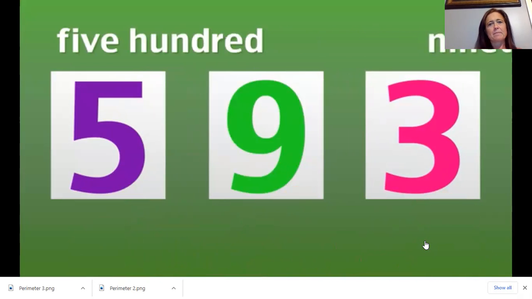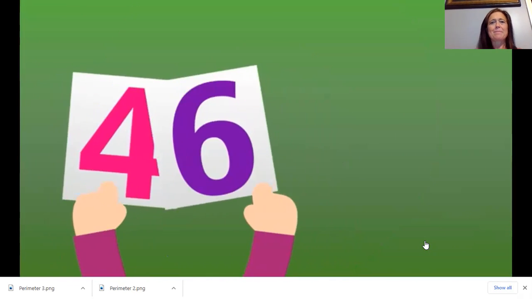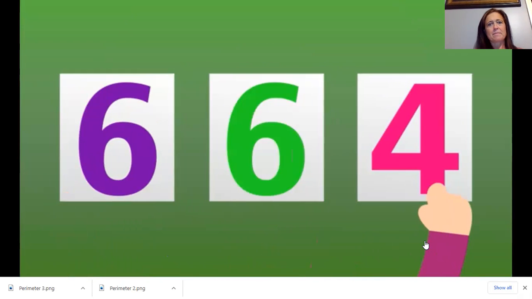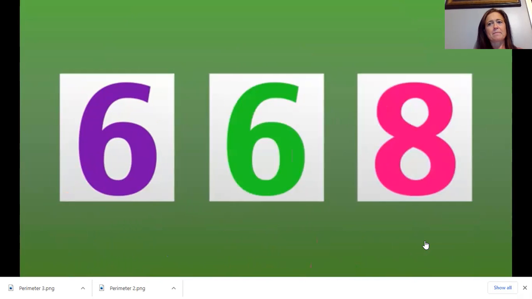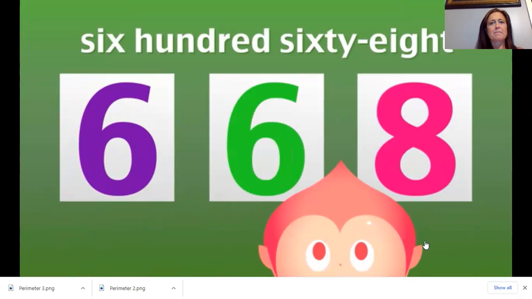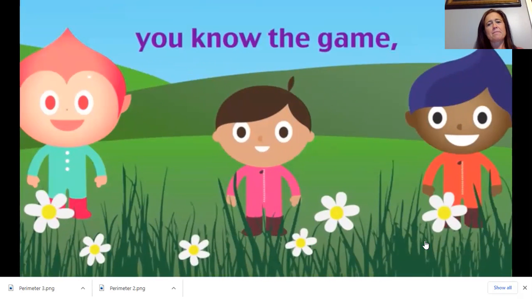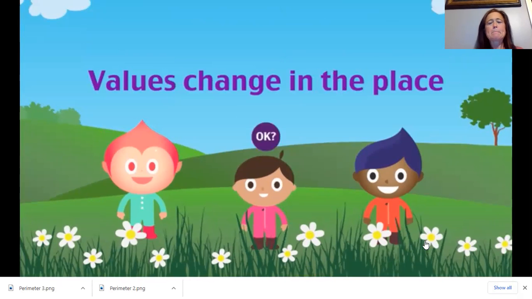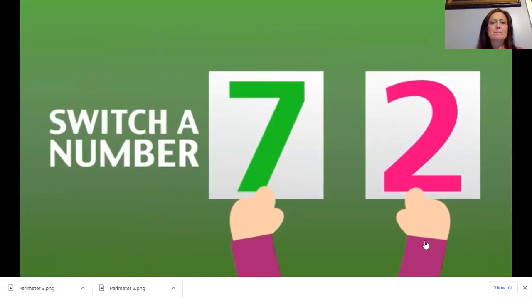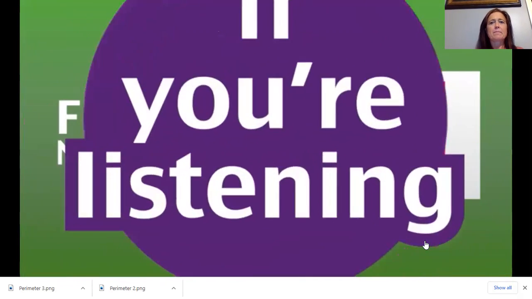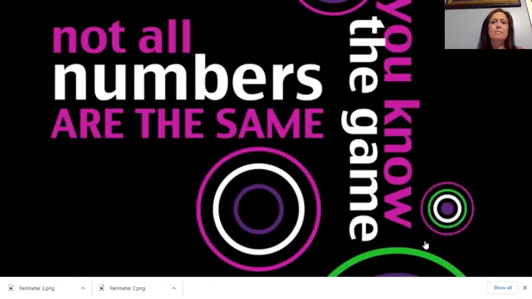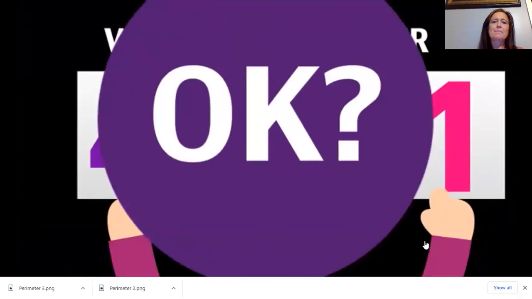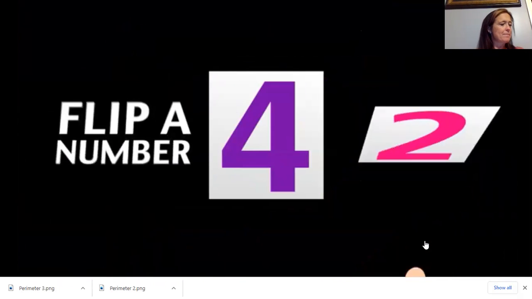That's 593. You could have a 6 in the hundreds place, and a 6 in the tens place, and an 8 in the ones place. That's 668. Yeah, if you're listening, you know the game. Not all numbers are the same. Values change in a place, okay? We move a number, switch a number, drop a number, flip a number. If you're listening, you know the game. Not all numbers are the same. Values change in a place, okay? We move a number, switch a number, drop a number, flip a number.